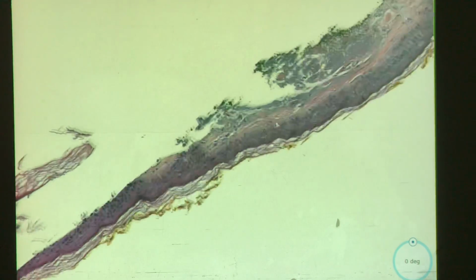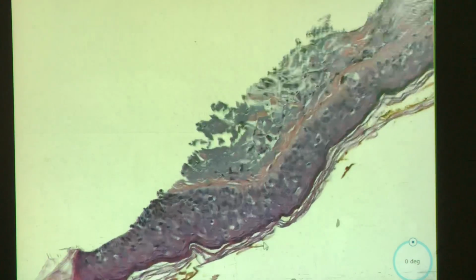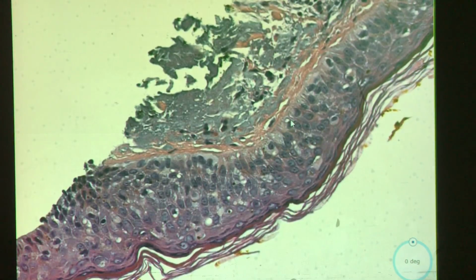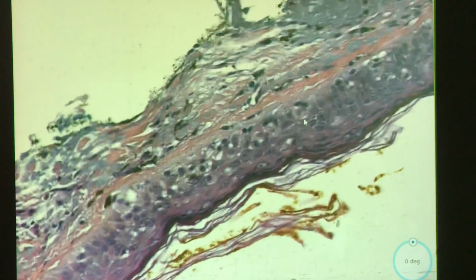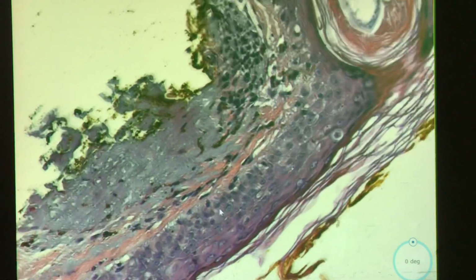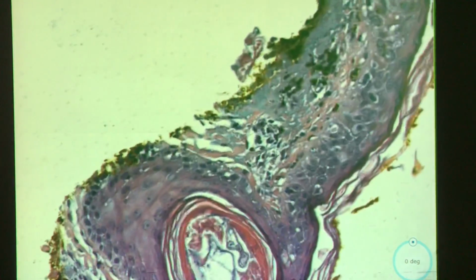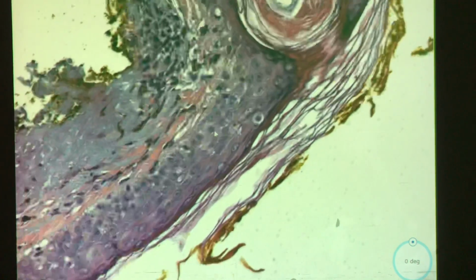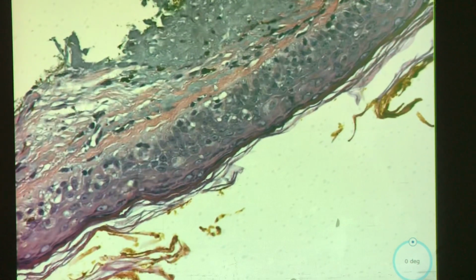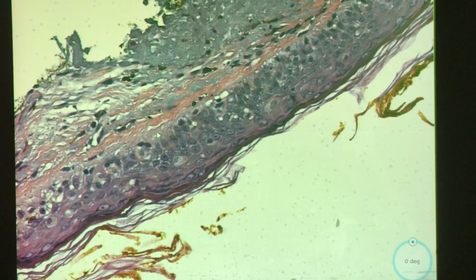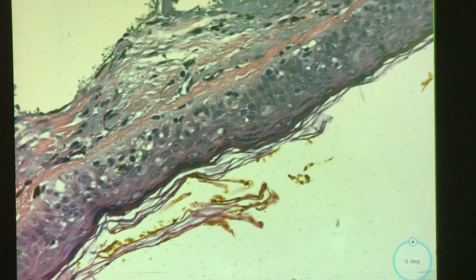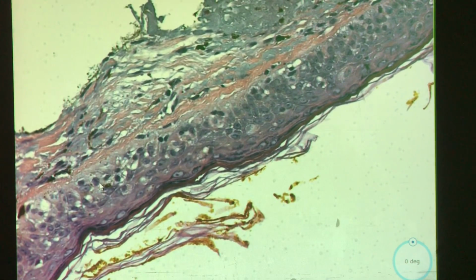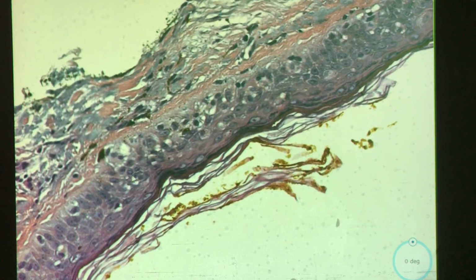Alright, so looking at the skin, the epidermis. This area I'm a little concerned about. It doesn't really resolve very well. I think there are definitely melanocytes here with the little clearing area.